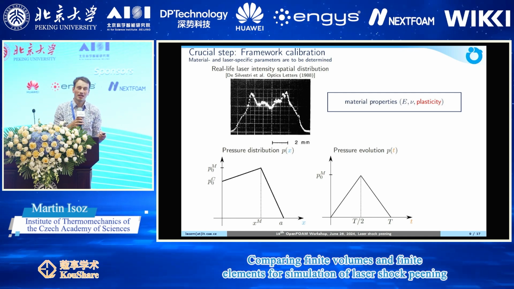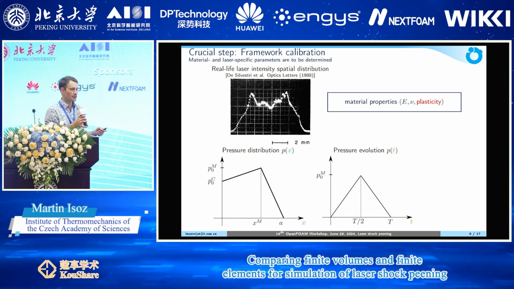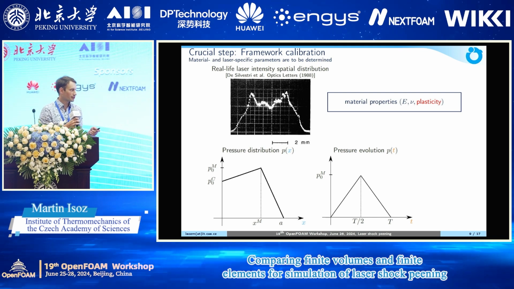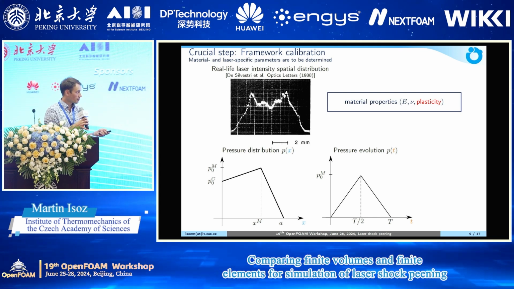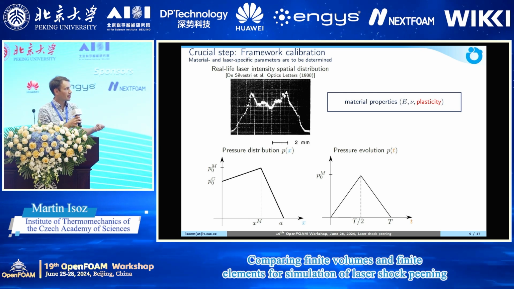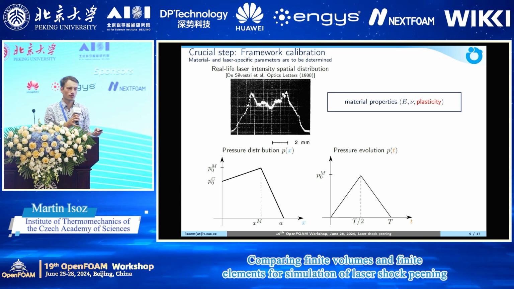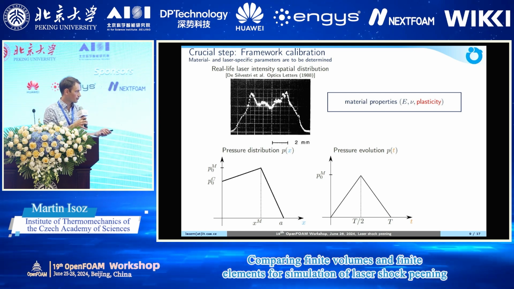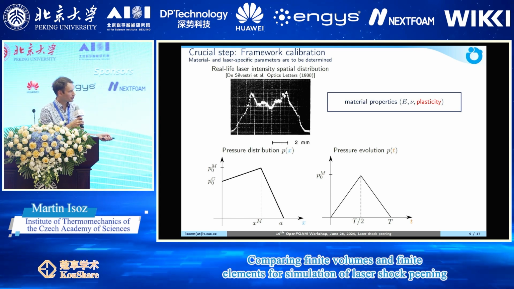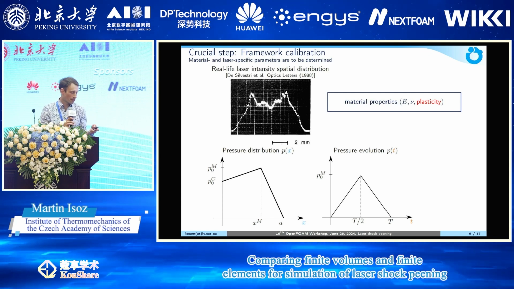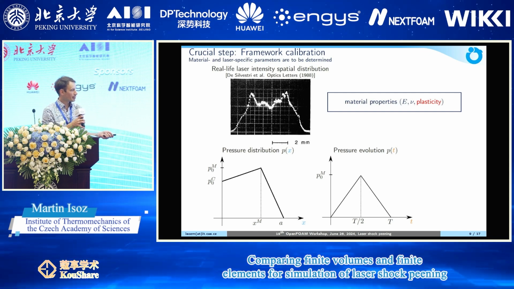And even the current literature is not convinced that these types of models really work. So we simplified it and start with just a pressure boundary condition, but the downside is that it needs to be calibrated for any given laser. We have a spatial pressure distribution and a temporal pressure distribution, and we need to tweak some parameters to get what we need.